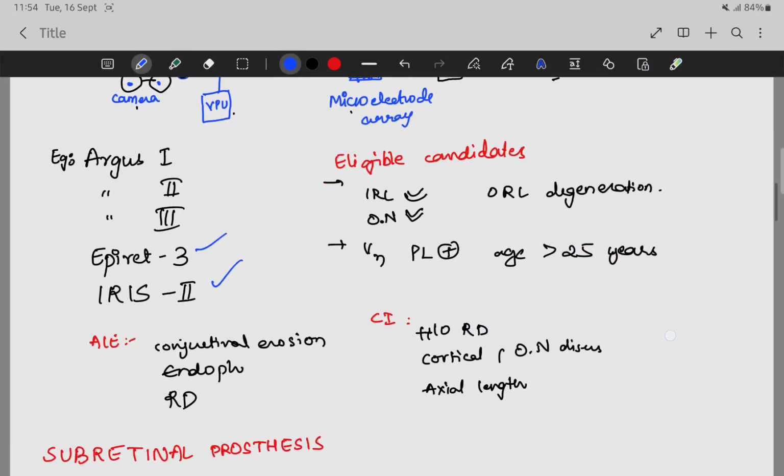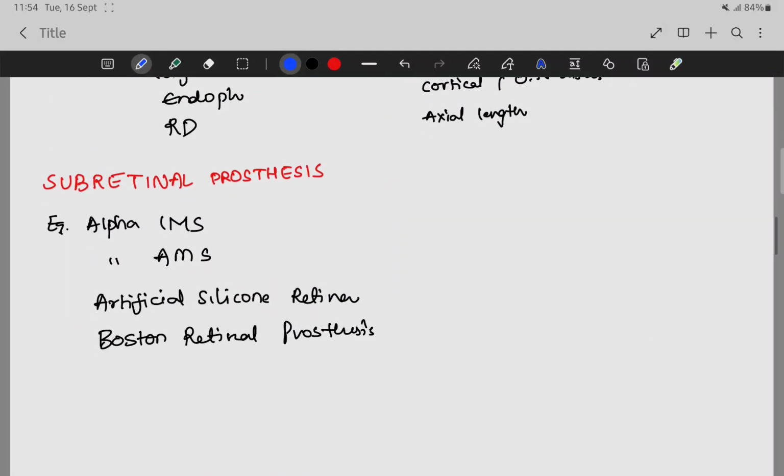Okay, so coming to the units in this, there is no external camera. There is a subretinal chip with microelectrodes.